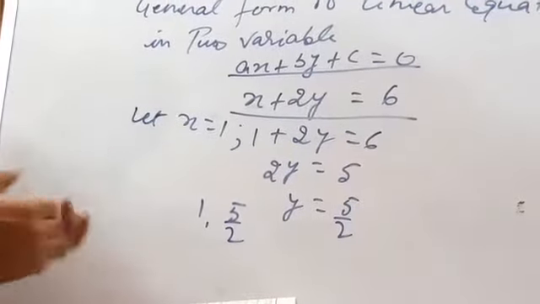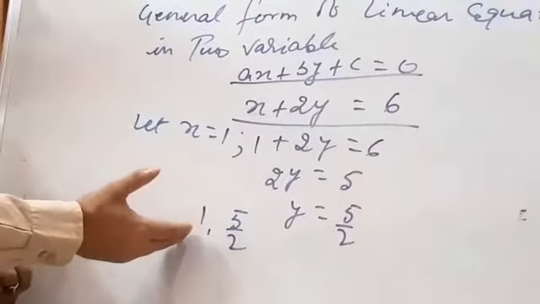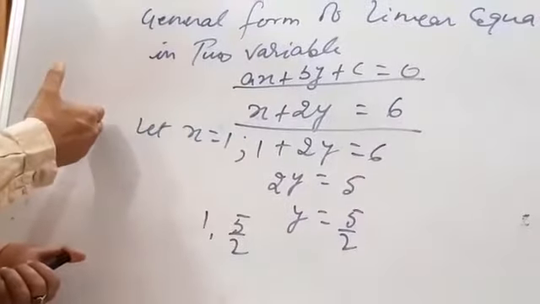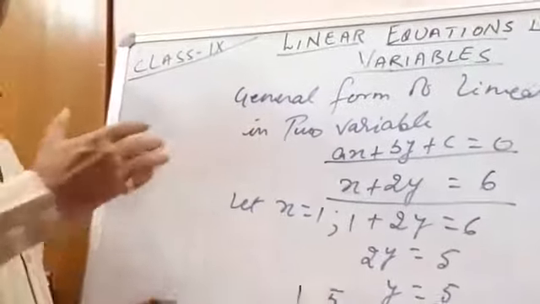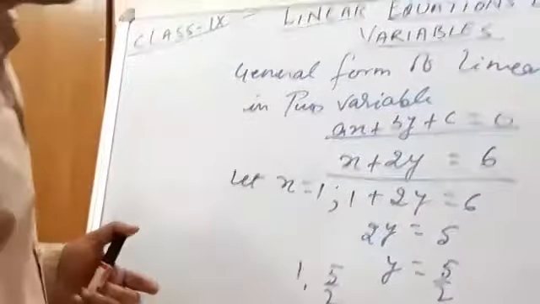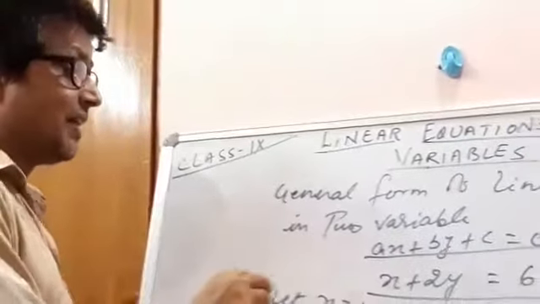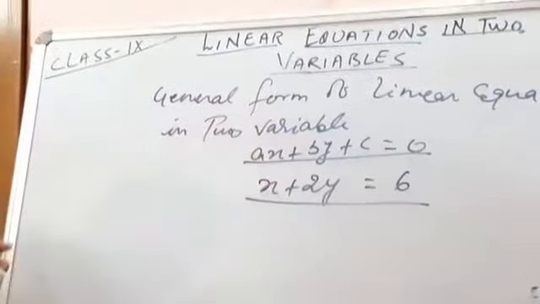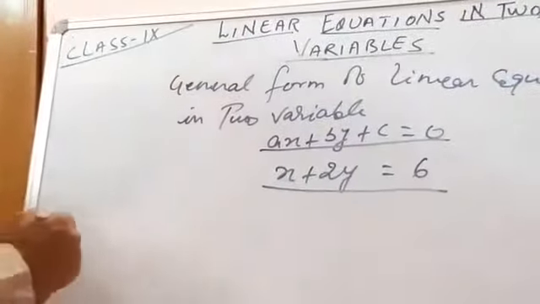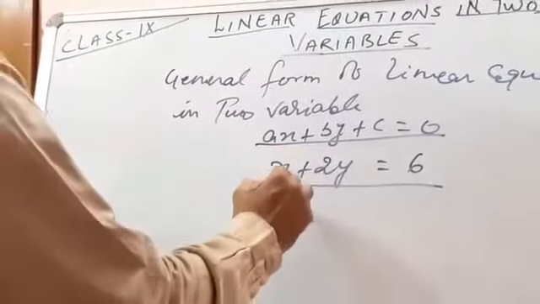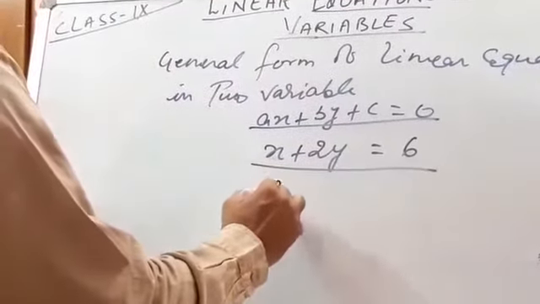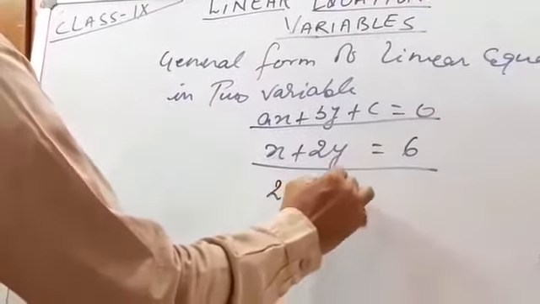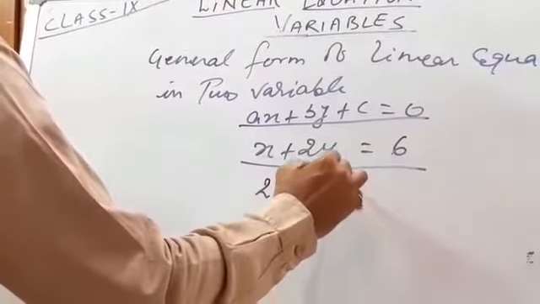As I said, a linear equation in one variable will have a unique solution. Will this also have only one solution? I don't feel so. I have given you one example, and we'll take some more. Suppose the value of x I am taking 2, and the value of y I am taking also 2.